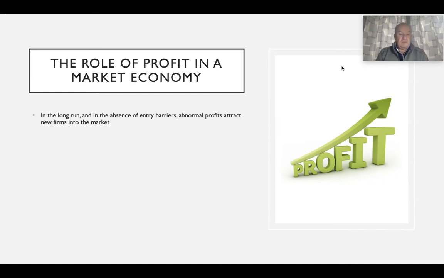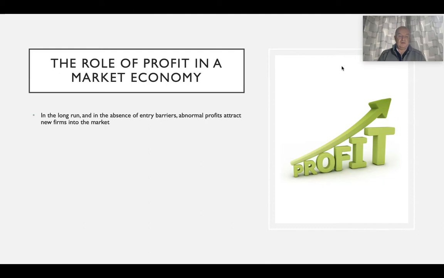Okay, so in the long run, if we have no barriers to entry, so that we haven't got particularly high costs to enter a market, then any abnormal profits being achieved within a particular market are likely to attract new firms.